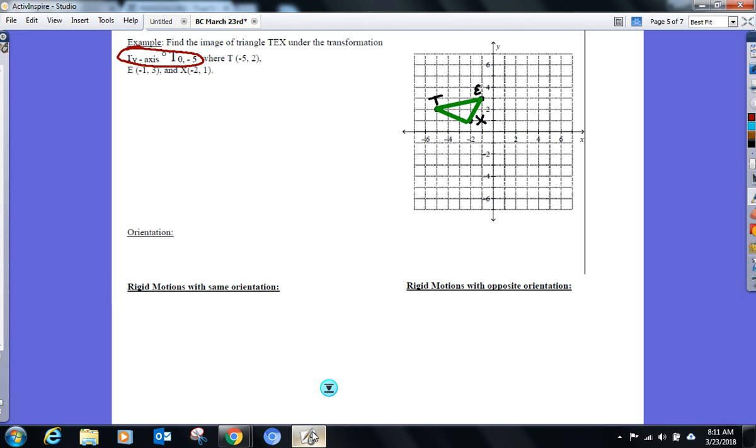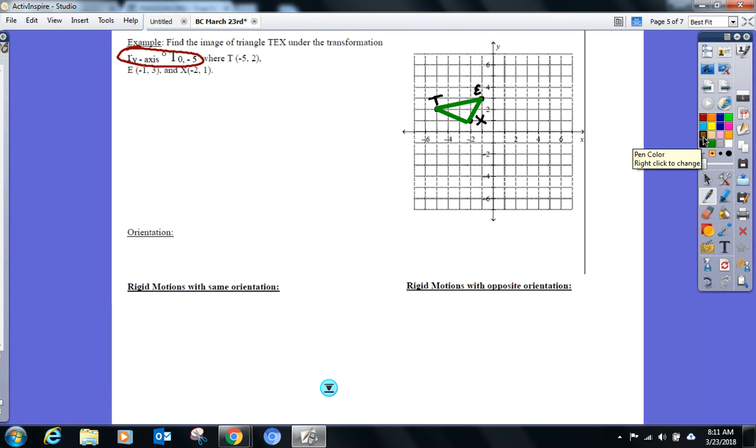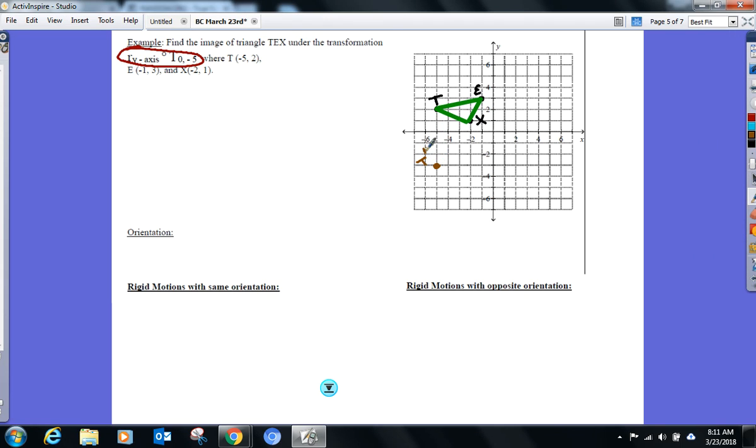The 0 tells me you move nowhere left or right. The -5 tells me down 5. So all points right now are going down 5. 1, 2, 3, 4, 5. T prime. 1, 2, 3, 4, 5. X prime. 1, 2, 3, 4, 5. E prime.